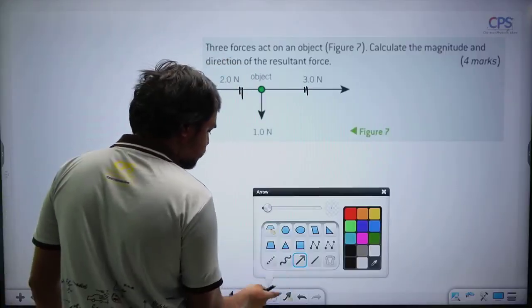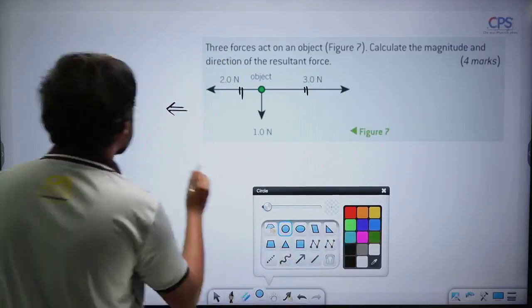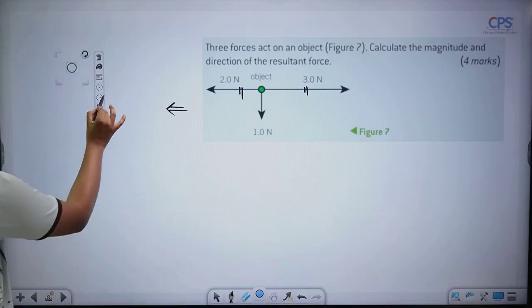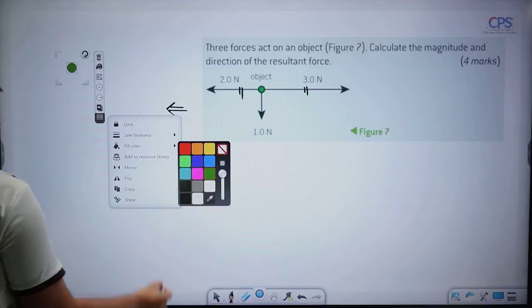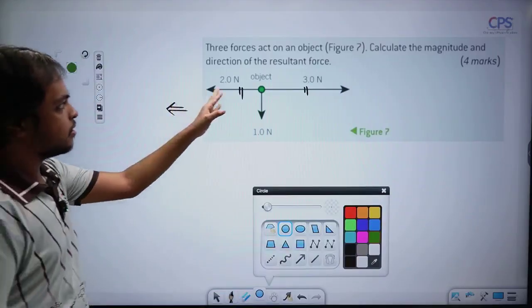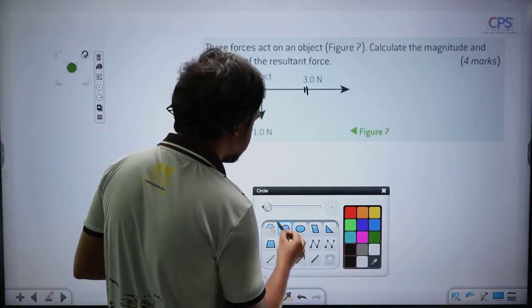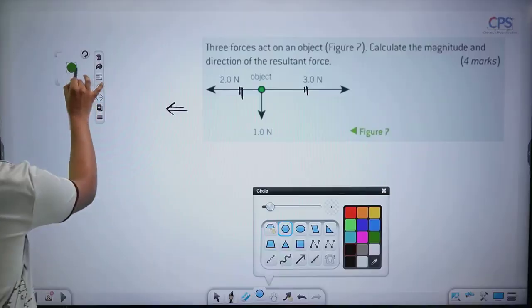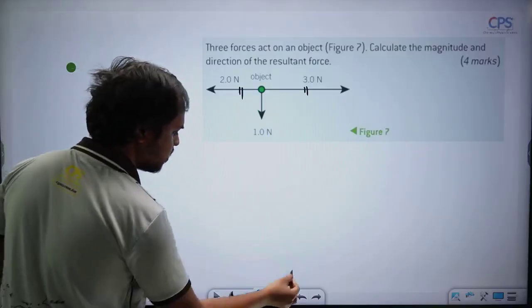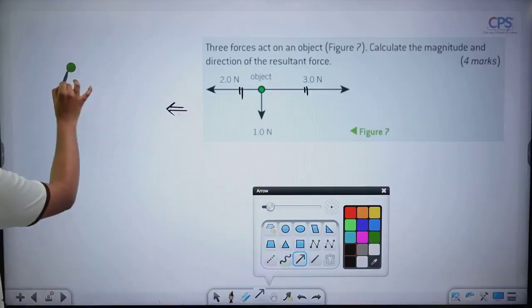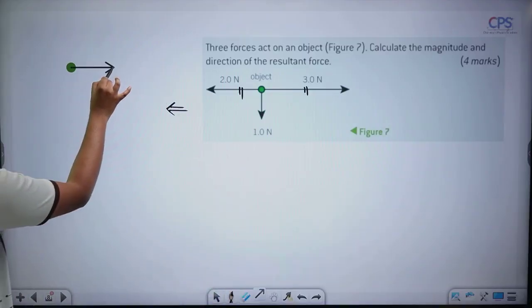So let me just redraw this here. This 2 will be gone, and this will be 3 minus 2, 1 Newton.